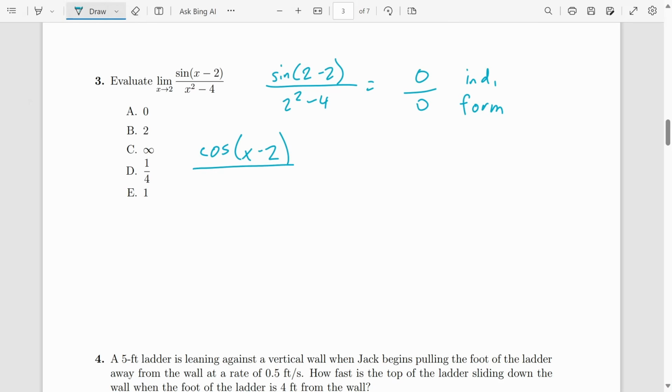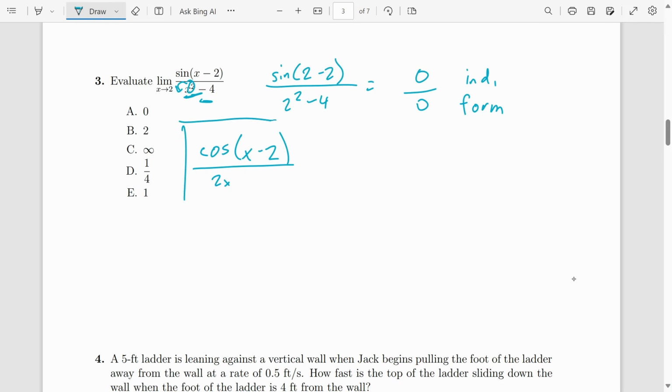And then all divided by the derivative of x squared. When you take the 2 and put it in front, that becomes 2x, and you reduce the power by 1, so the new power is 1. And then negative 4 is a constant, so its derivative is 0.